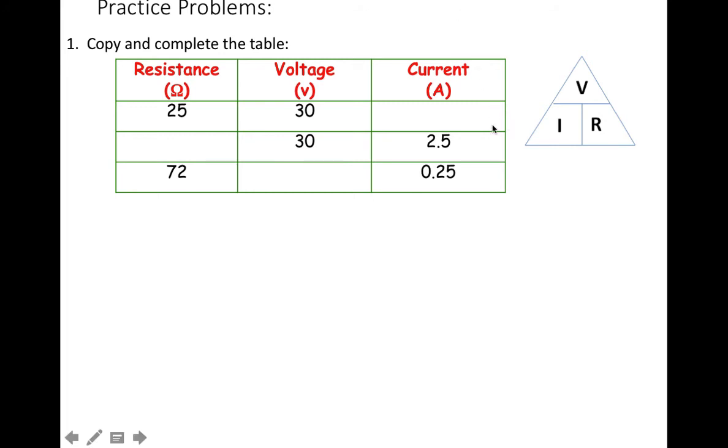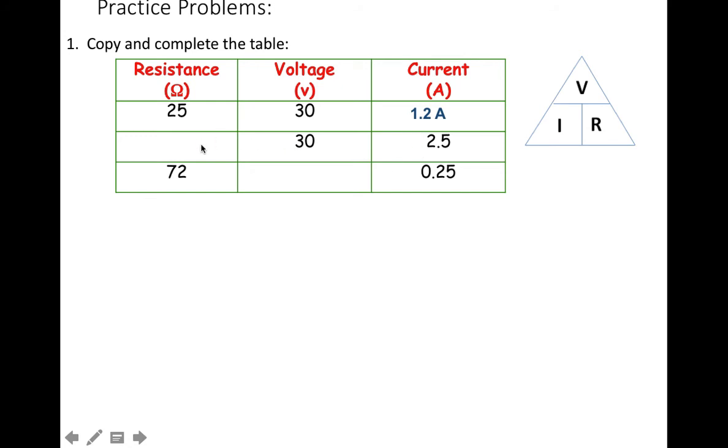Okay, so if you paused the video and you're back, let's see how we would solve for current. We would take I equals V over R. We know that V is 30 and R is 25. So if you divide 30 divided by 25, you should have gotten 1.2 amps.